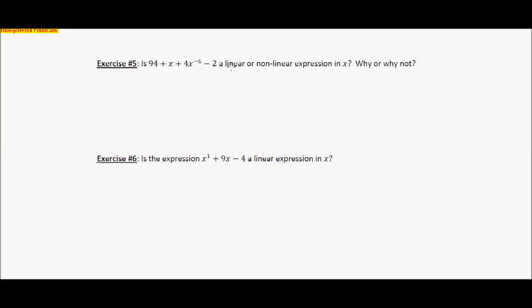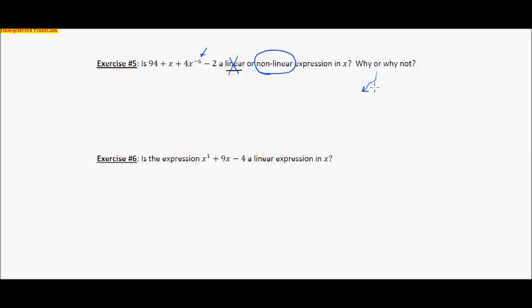Alright, well, remember a little bit ago we said if it is linear, then that means that the variable only has an exponent of a 1. So I can see right here I have a variable with an exponent of negative 6. So it's definitely not linear. It is definitely a non-linear expression.